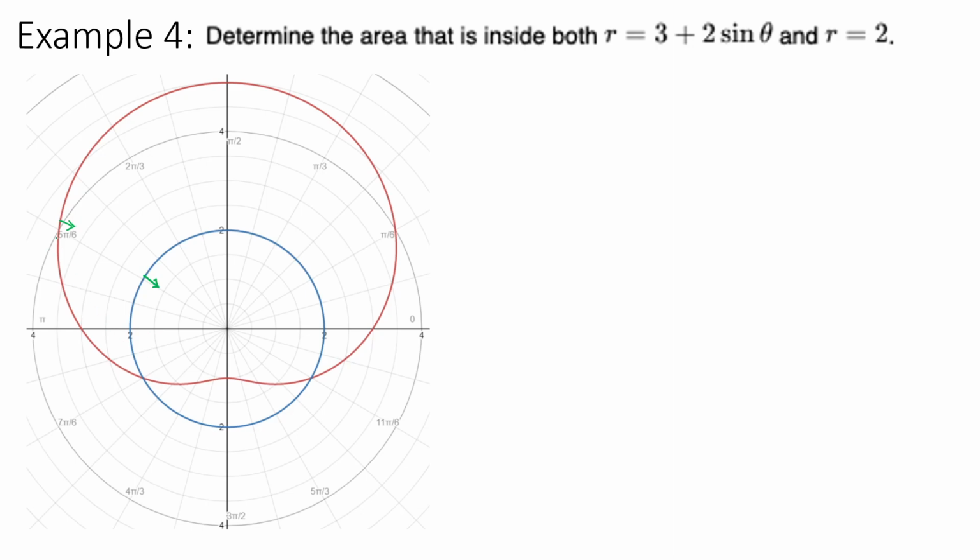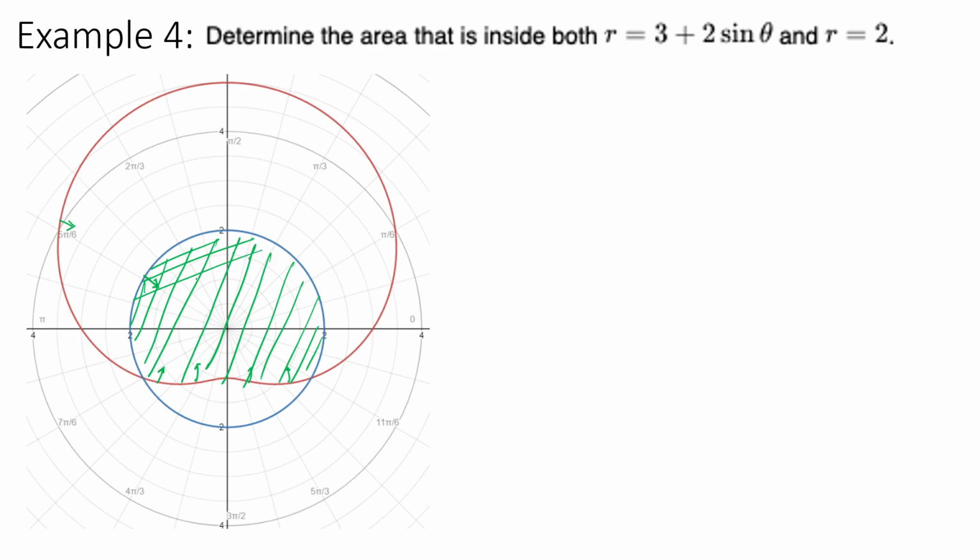If you look at the inside of the red graph, this one is part of the red graph also, so inside, right? So the outer portion of the blue graph is not included anymore. So the problem is looking for this area. You can make small sketches to determine what area the problem is talking about.